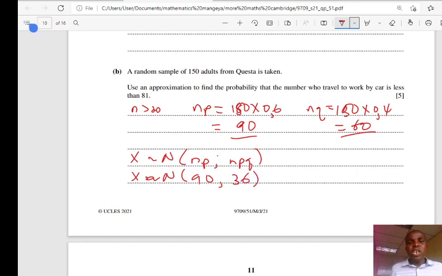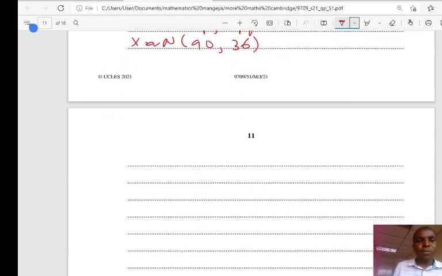Done. Then you want to find the probability that the number who travel to work by car is less than 81. Probability that X is less than 81 will be equal to the probability that standardized Z is less than 80.